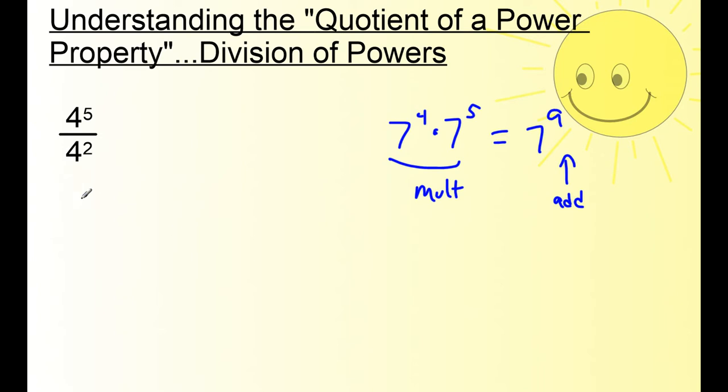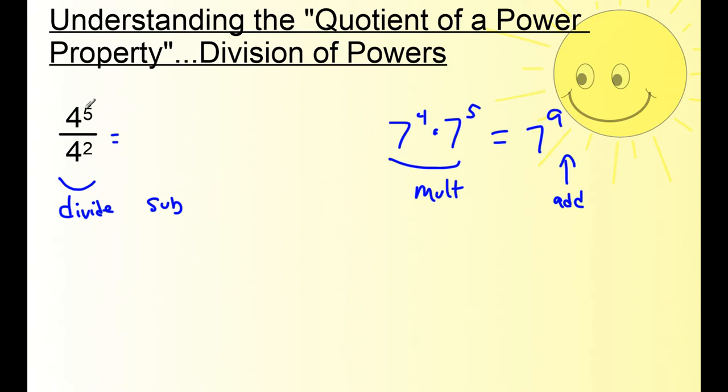Well, it's going to be just the opposite here. When we divide the powers, we are going to subtract the exponents, as you might have guessed. So you're going to take the top one minus the bottom one.